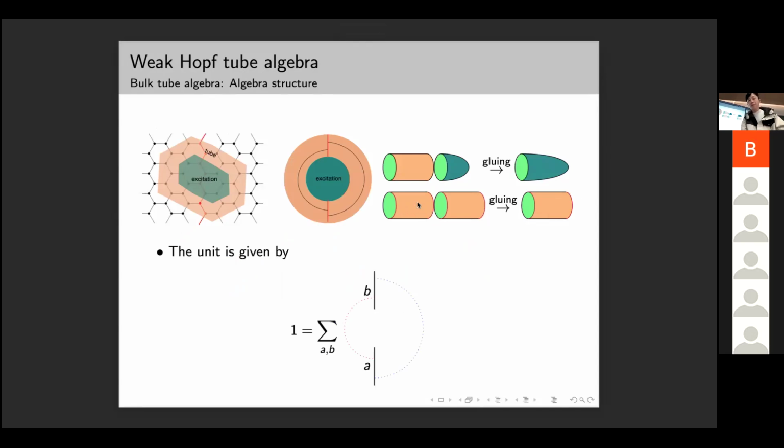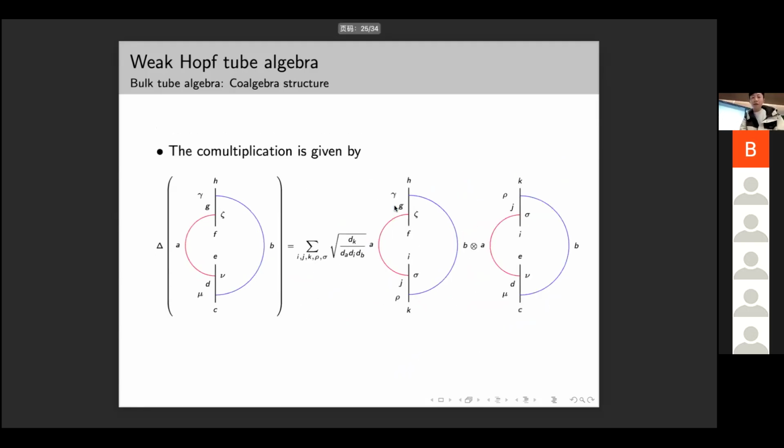For the middle part of this tube, for the back side and this front side, we just shrink them, and we cancel them, and we make them into two tubes. These two tubes can be understood in the following way. We can insert the line in between this E and F, and then we take the local move, and we cut this graph into two graphs, and we have the corresponding co-multiplication structure.